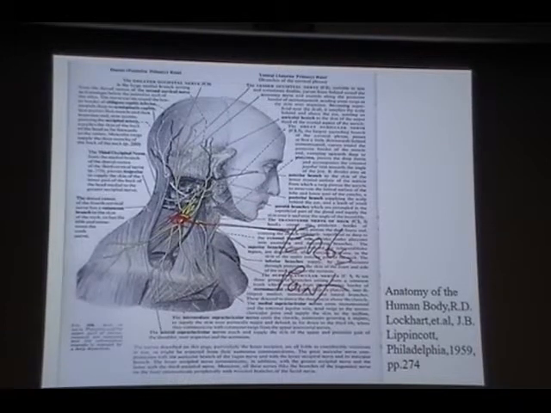This is the great auricular. And that's important for us because that is actually branches of C2 and C3 that are not only innervating the lower portion of the earlobe, but they're also innervating skin that is over the angle of the mandible.